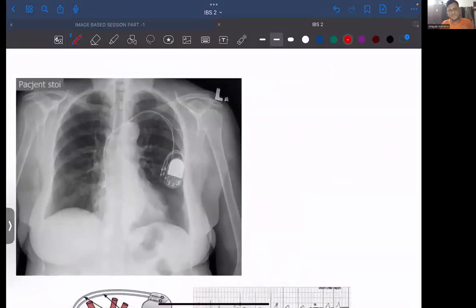Now tell me, what is this first? What do you think? It is a pacemaker, which is put in the heart, right? Yes, it is a pacemaker. Then which pacemaker is this?